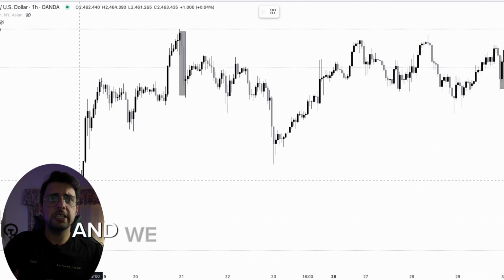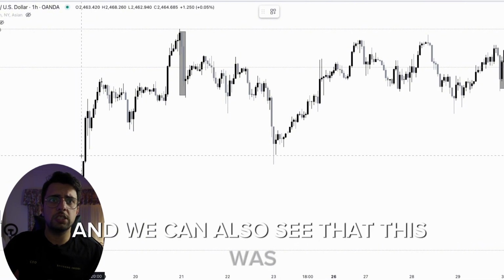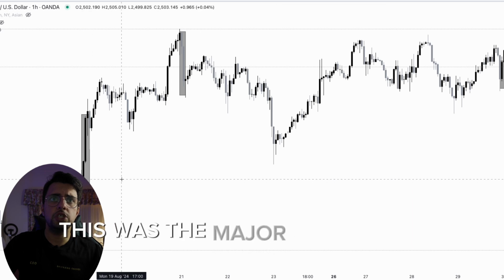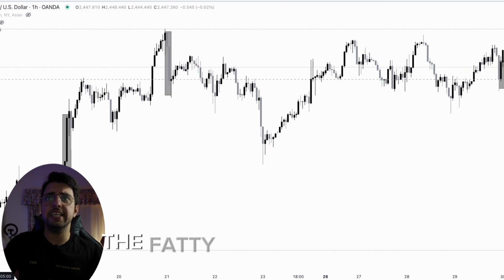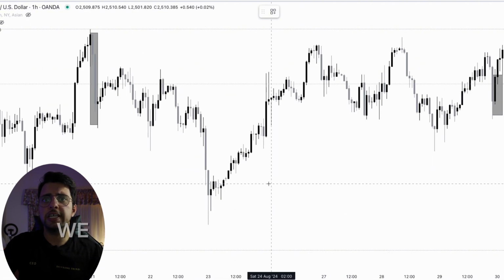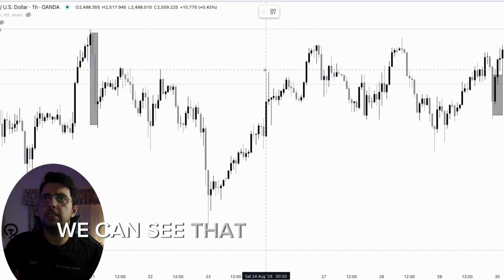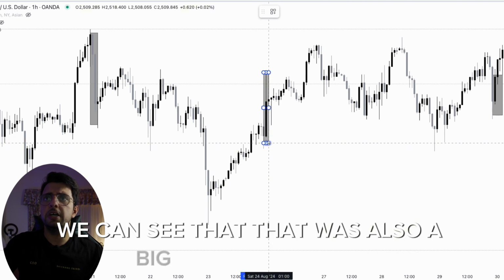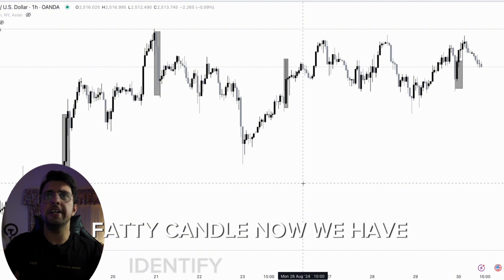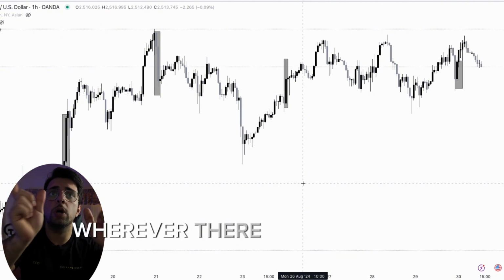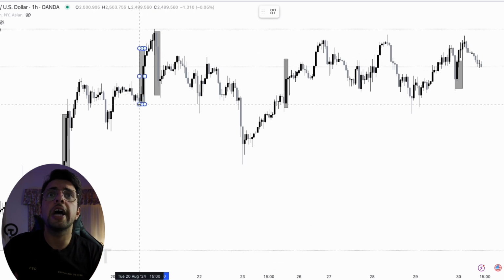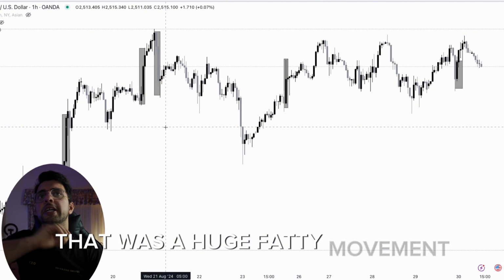And this was the major movement in the buy direction, the big candle. And if we look more, we can see that that was also a big movement. Now we have identified our candles wherever there was huge momentum. Actually we have skipped this one also, that was a huge movement.